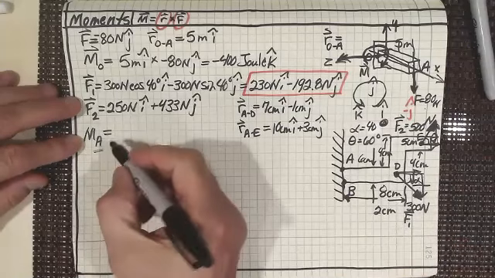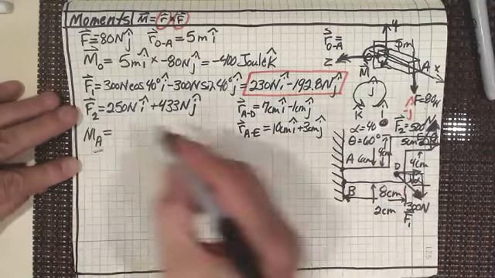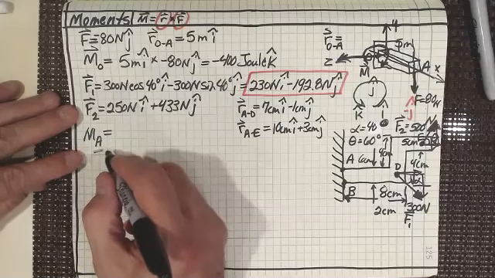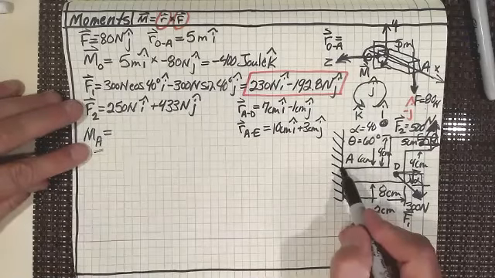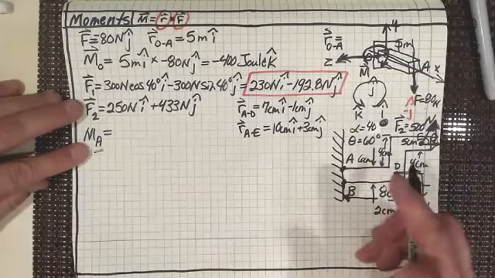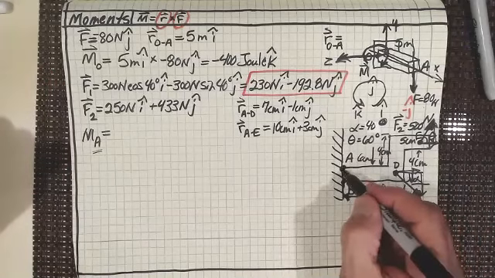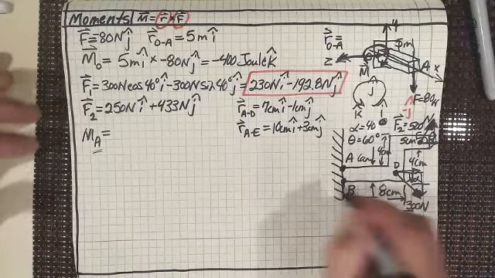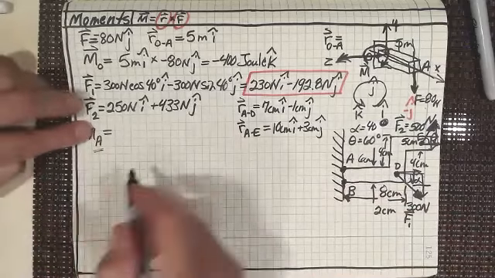Now we have everything to find the applied moments about point A. We want to find out where the greater moment is, at A or at B, so we're going to sum both of these at both of those 2 locations.